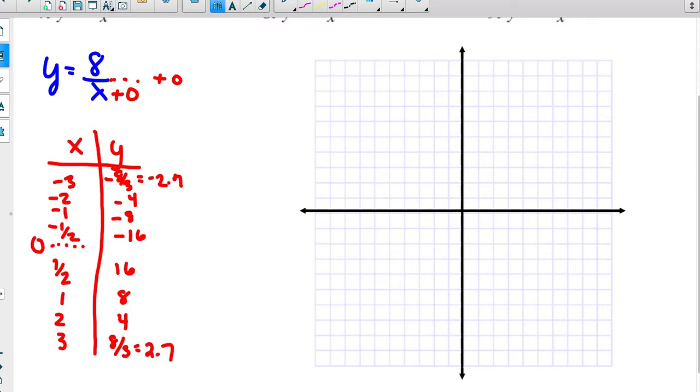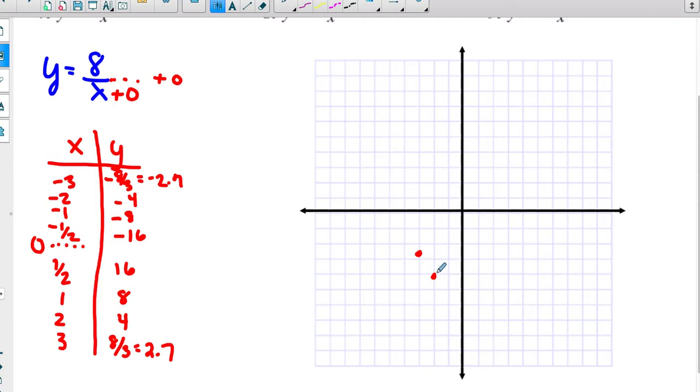Okay, so now let's go ahead and plot these points. So you have -3 and then -2.7, so that's right about there. -2 and then -4, right about there.